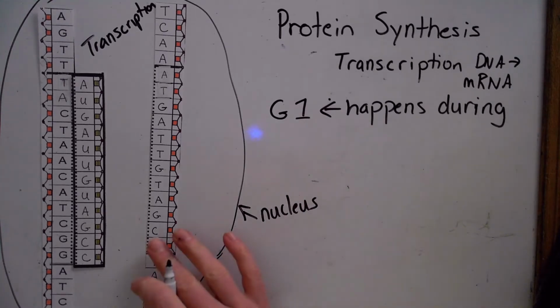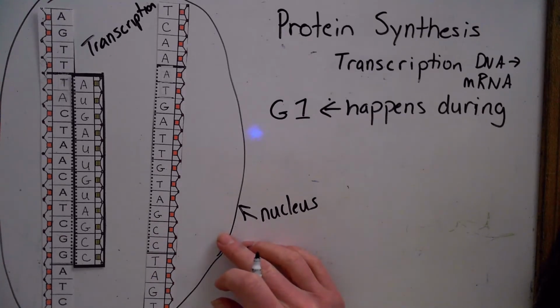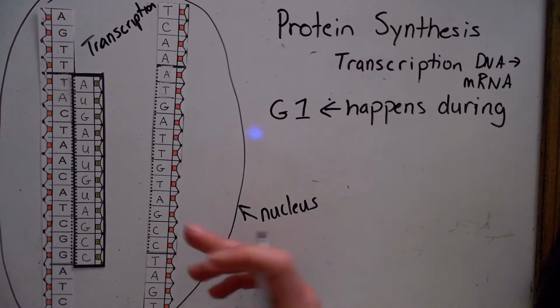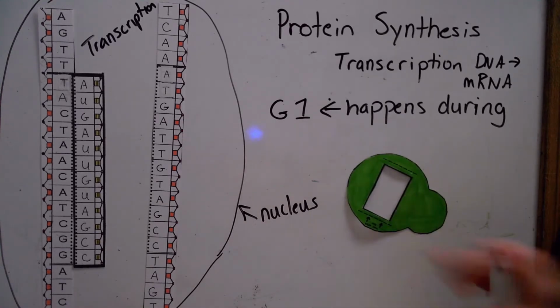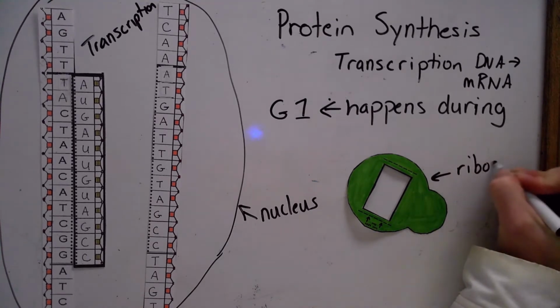So we already knew from before that DNA cannot leave the nucleus. So we have to take the message in the DNA and put it in a format that can leave the nucleus and take the message to this organelle called a ribosome.